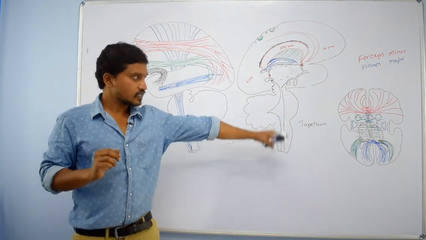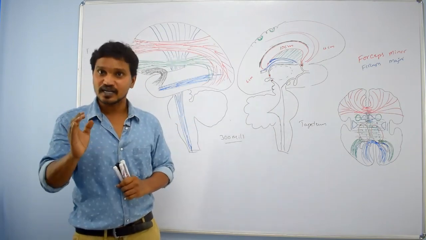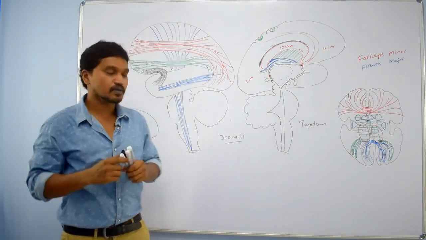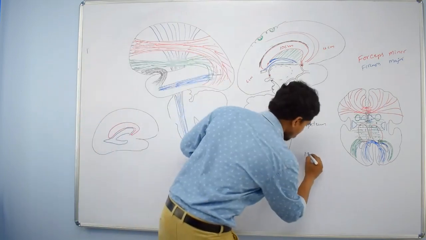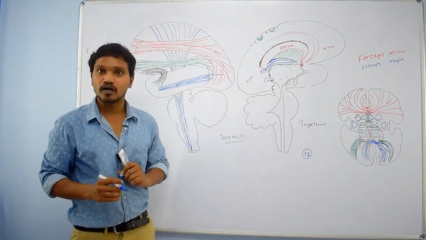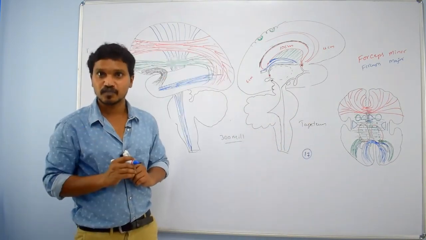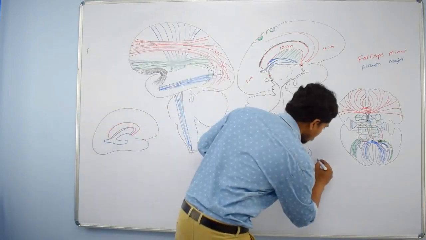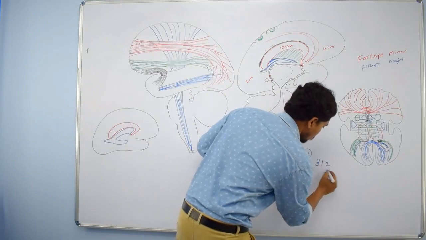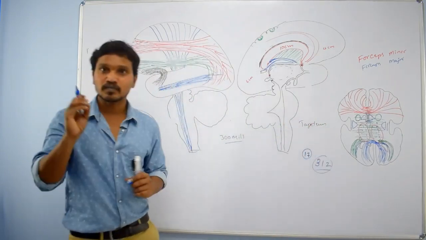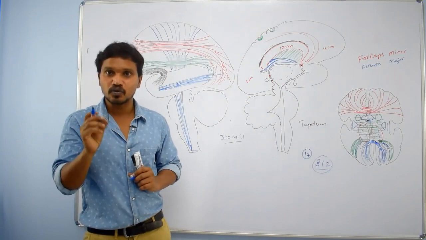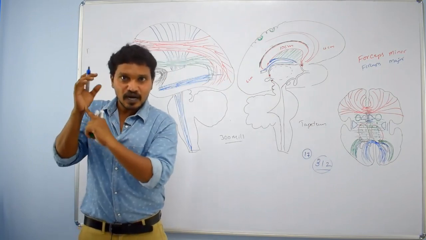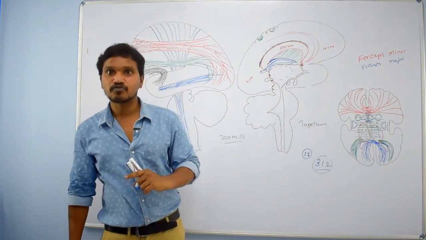Actually, the corpus callosum fibers connect almost all areas of the right cerebral hemisphere to the left cerebral hemisphere except area number 17. What is that? Primary visual area, and area number 312, but not totally. Within area number 312, there will be some area representing the hand and some area representing the foot.